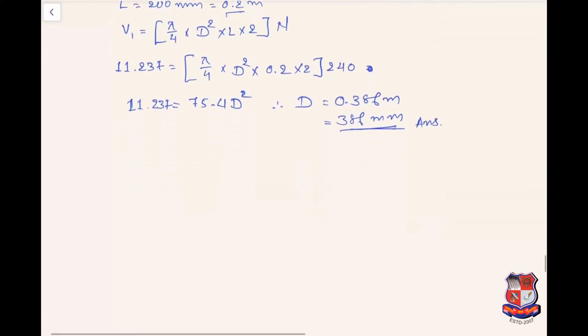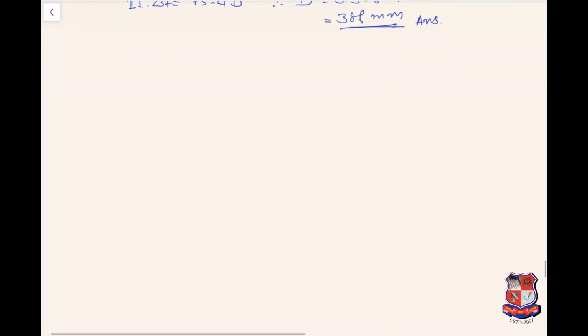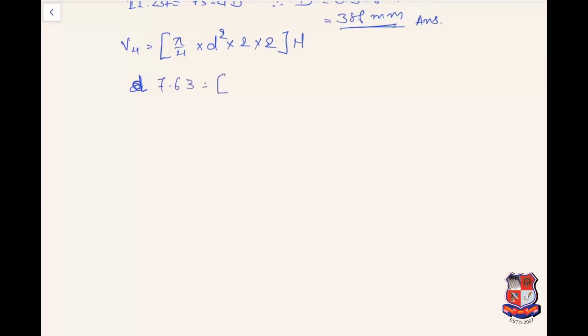And for the expander bore, same as V4, it is pi by 4 D square into 2 into 2 into N, because it is double stroke. So from this, by putting in the values, we get 7.63 is equal to pi by 4 D square into 2 into 2 into 240.